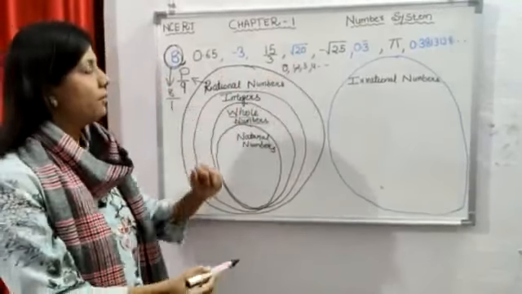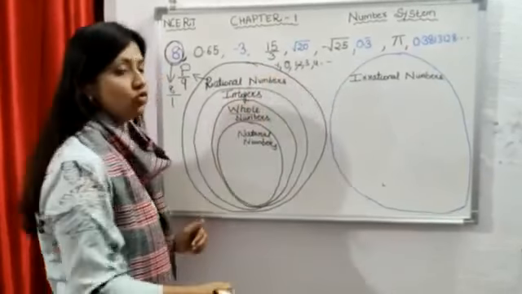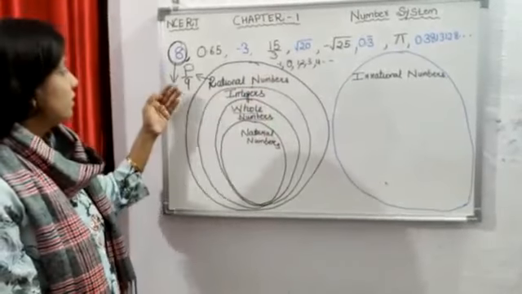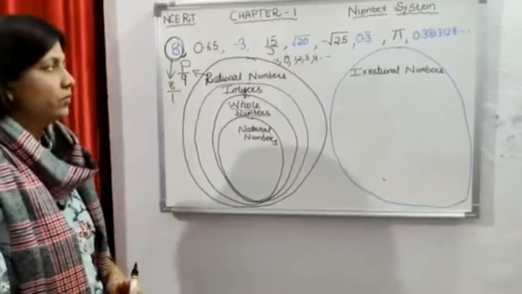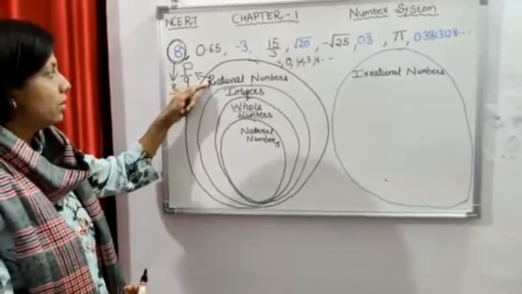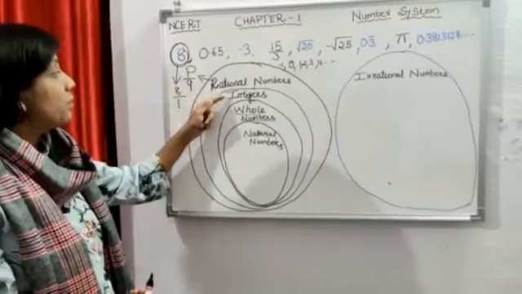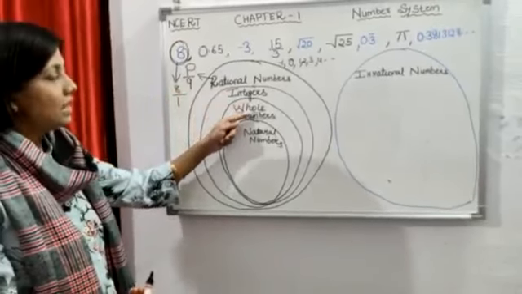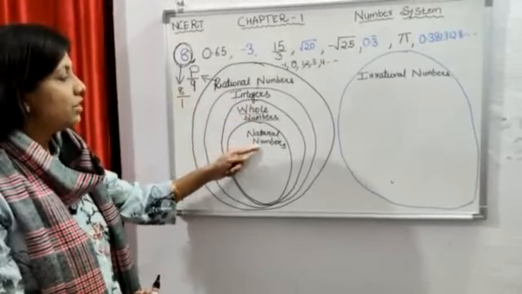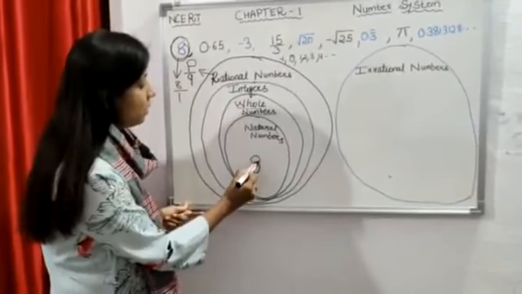And in this family, if I add negative numbers, -1, -2, then it becomes integers. And lastly, there are rational numbers. So my first number 8 is a rational number, but it is also an integer. Since it is a positive integer, we can say it is a whole number, and it is also a natural number. So 8 will come inside the natural numbers.